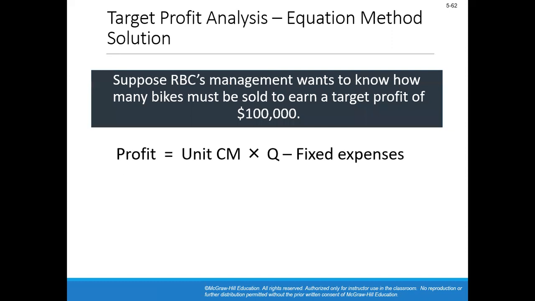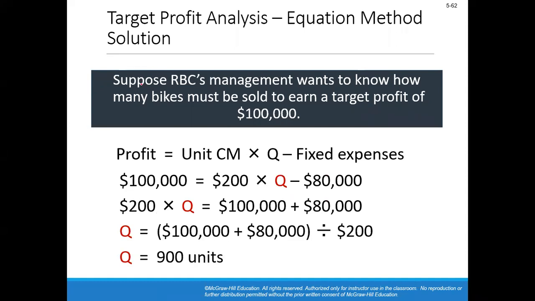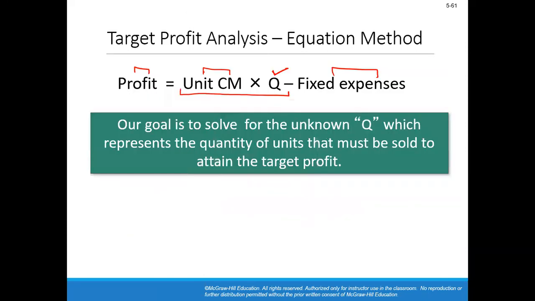It is the same case we have been dealing with from the beginning of this chapter: RBC, the bicycle company, whose management wants to know how many bikes we must sell to achieve a target profit of $100,000. So we like to use this equation here.